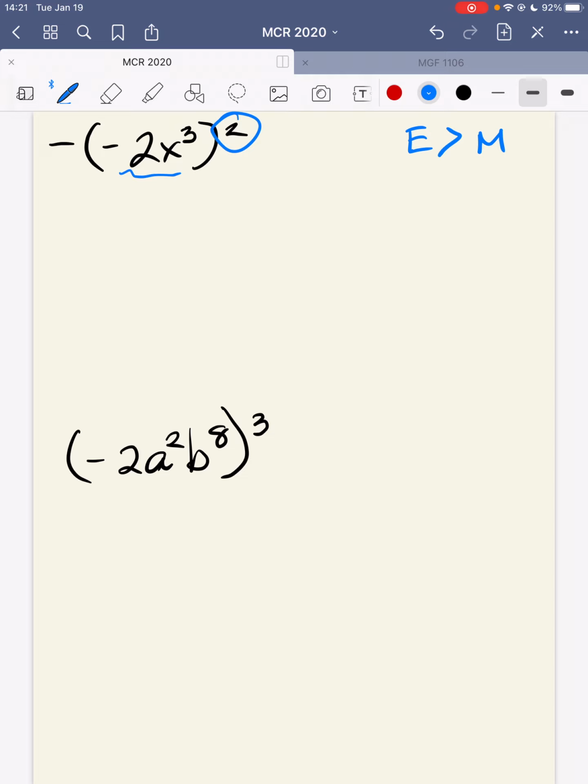Right. What I like to do with this is, first of all, ignore that outside negative sign and pretend like it's not there. Right? And I'm going to go ahead and take my negative 2x cubed, and because my exponent is 2, write it out twice. And I'm going to work with just this piece first. Right? So I have my negative 2 times a negative 2, which gives me a positive 4.